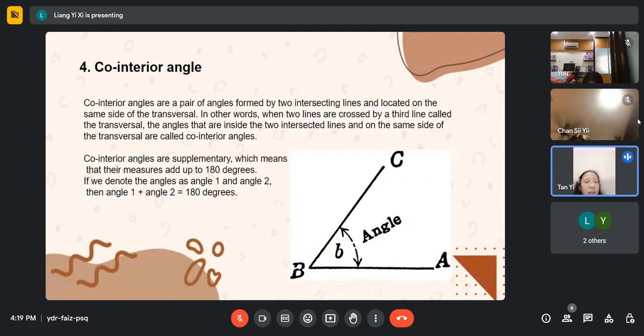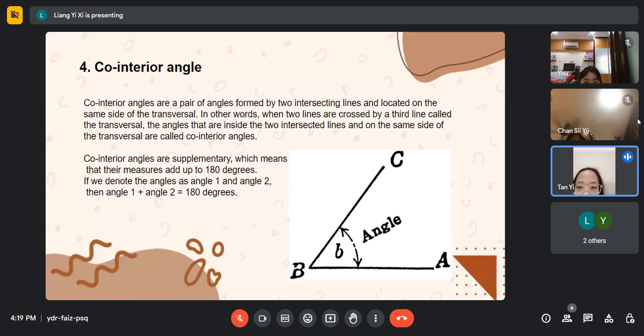And now I'm going to talk about co-interior angles. Co-interior angles are a pair of angles formed by two intersecting lines and located on the same side of the transversal. In other words, when two lines are crossed by a third line called the transversal, the angles that are inside the two intersected lines and on the same side of the transversal are called co-interior angles.